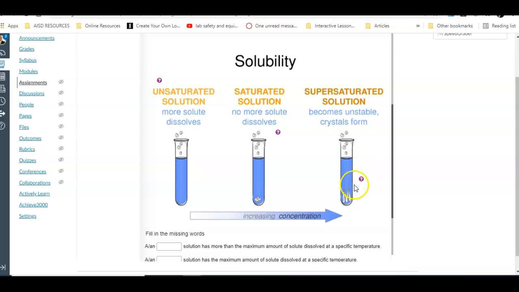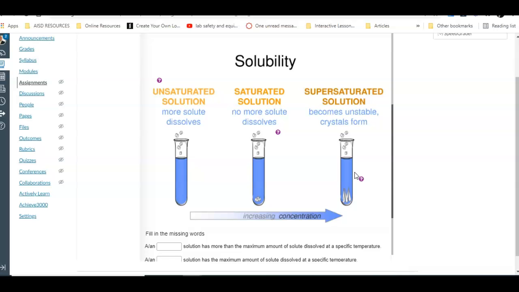Whereas a supersaturated solution occurs when a saturated solution is heated up such that the excess or extra solid that was undissolved in solution is forced to dissolve based on the increased heat. This is a very unstable solution because at that point you're forcing those excess solids to remain in solution.